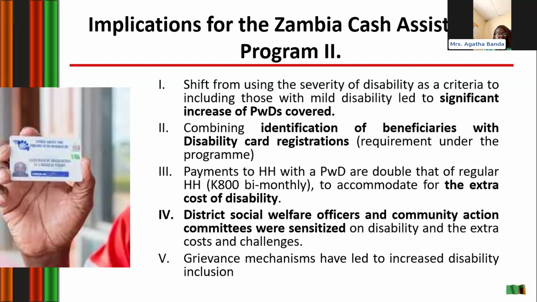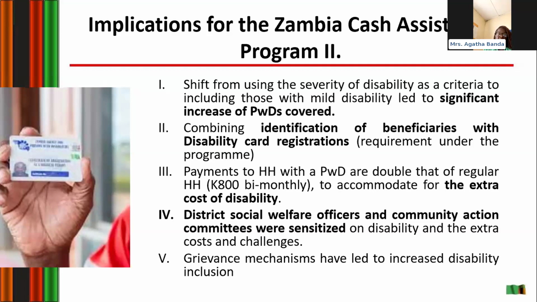There are those who are still receiving the funds at cash points, where the social welfare officer goes out into the community and gives out the funds bi-monthly. Then we also have those that receive the money electronically through the phones.